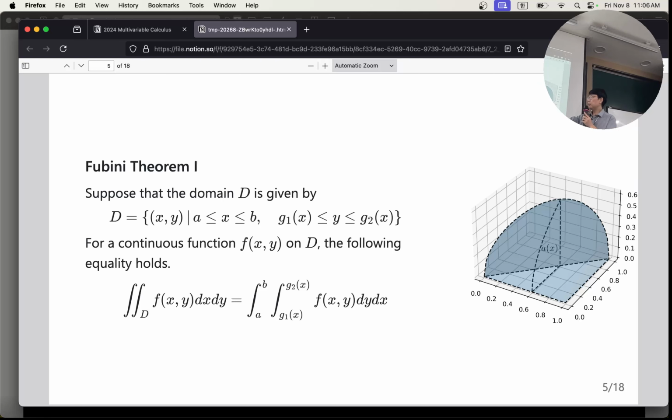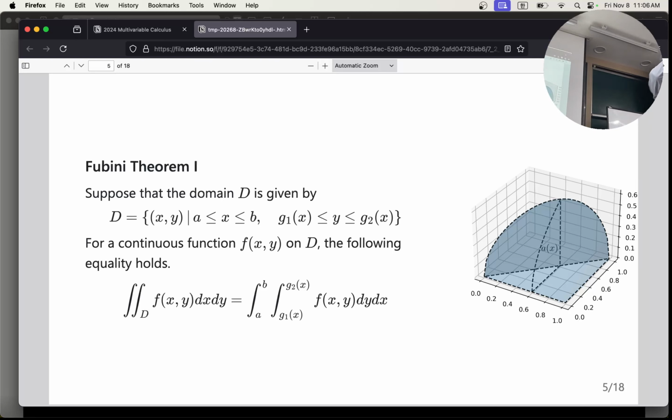When you fix x, you want to find this area, Ax, the section of the volume perpendicular to the x-axis. How do you find this area? You have to integrate over the y range from 0 to x. After you get Ax, you take that, this entire thing is Ax, and integrate over x.